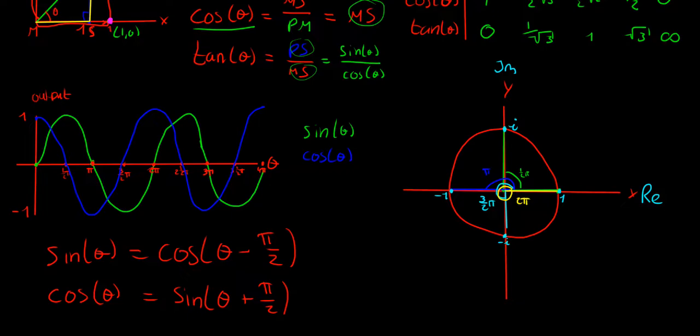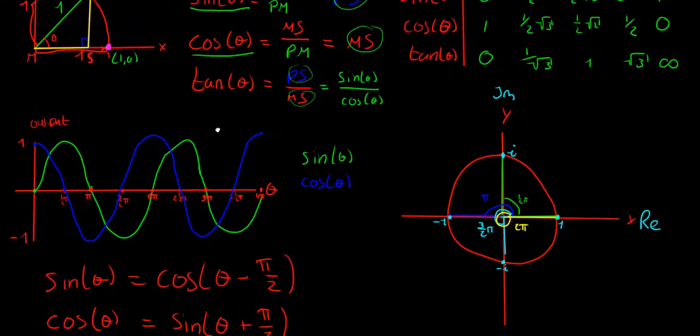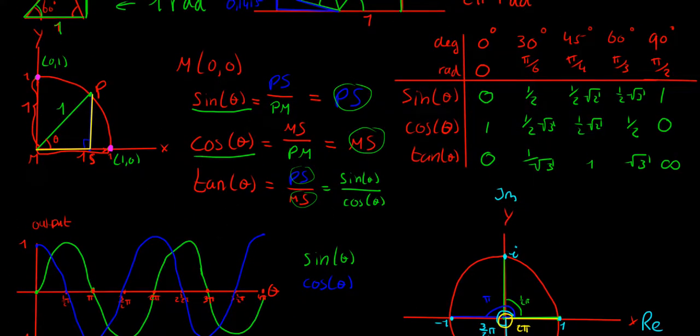Furthermore, another very important property, because of this triangle here with our quarter circle: we know that PS was our sine and MS was our cosine. So if we follow the rules of Pythagoras' theorem, it means that PS squared plus MS squared is PM squared.